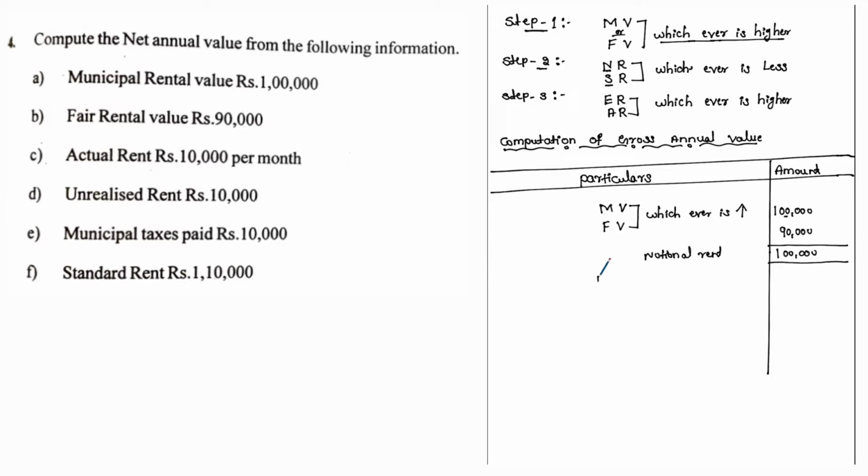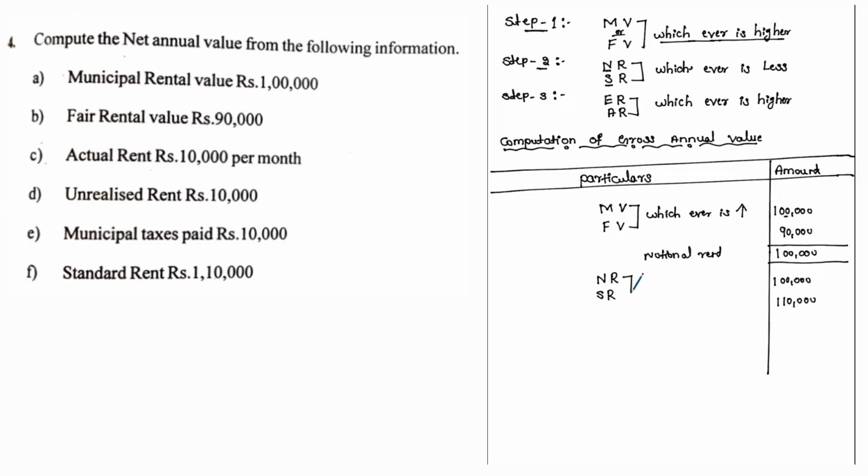Step number 2, notional rent or standard rent. We identified notional rent as 1 lakh, and standard rent given in the problem is 1 lakh 10,000.